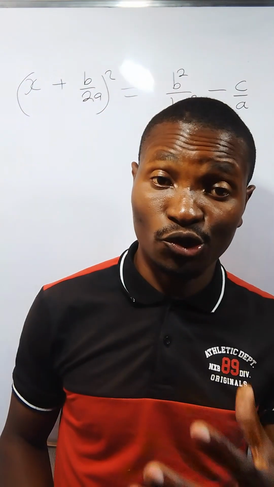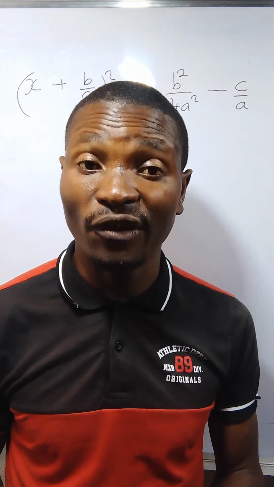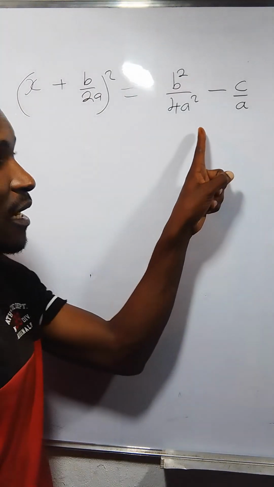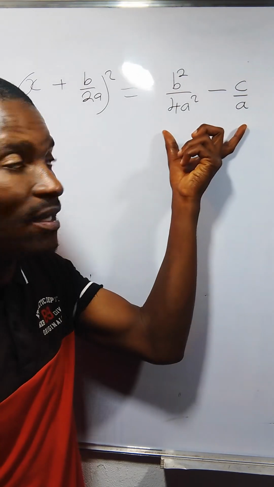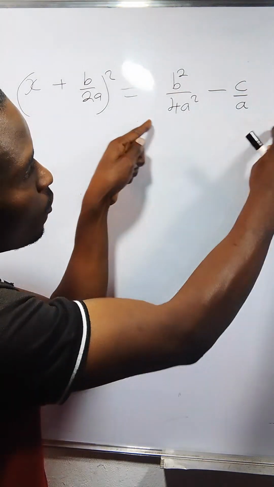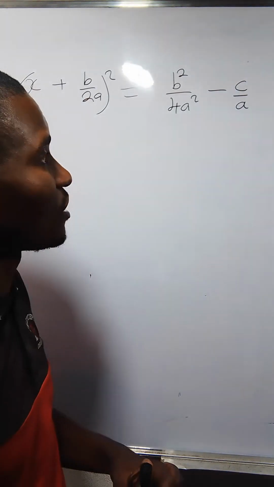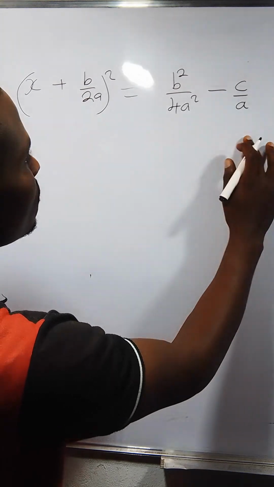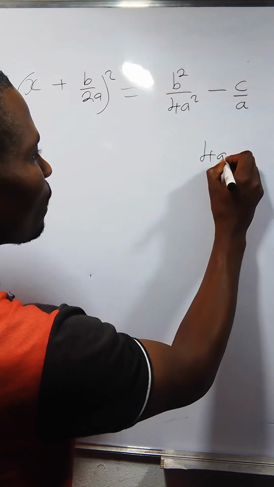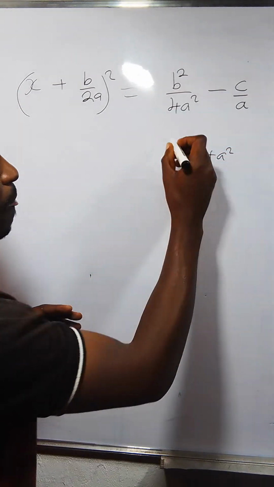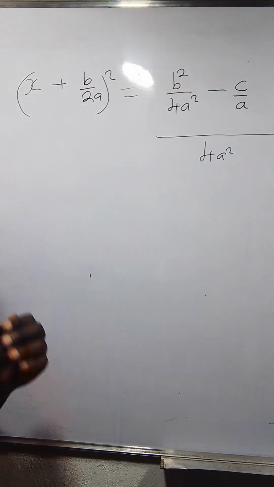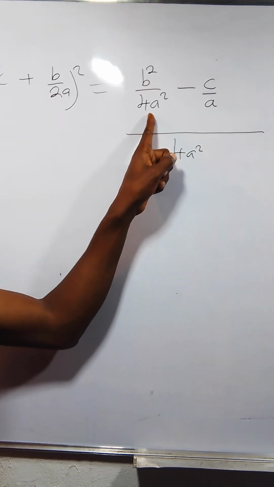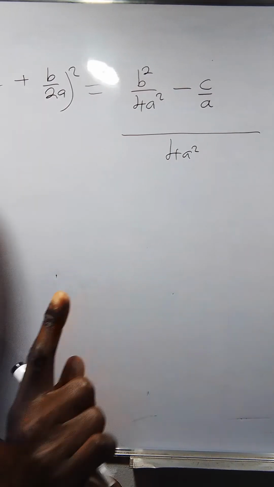If you do remember, fractions are simple mathematics. What's going to happen now is that we have to work out the fraction, finding the lowest common denominator. In this case, 4a squared is common, and then we do that. 4a squared into that, we just get 1.